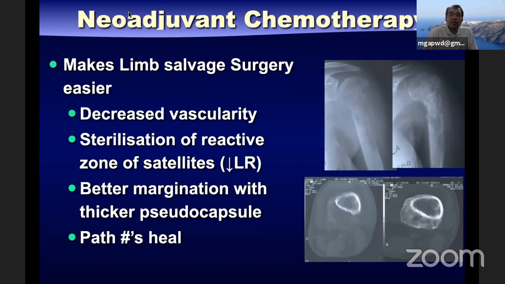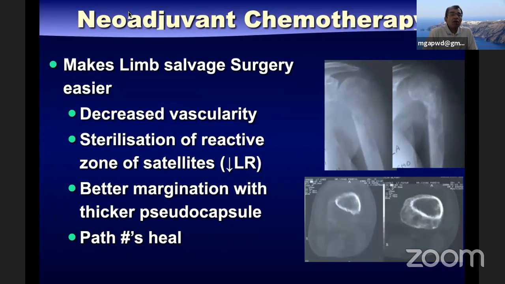You can see in these CT scans below of the distal femur that the tumor has got ossified and has become well marginated. So with a good response to chemotherapy, if the reactive zone becomes well marginated, the number of satellite lesions outside the marginal zone reduces, and therefore the risk of local recurrence reduces.